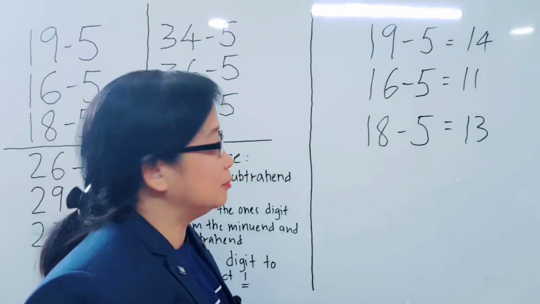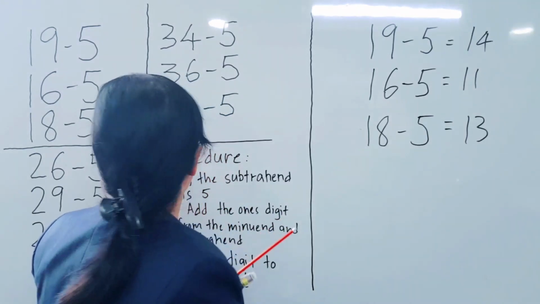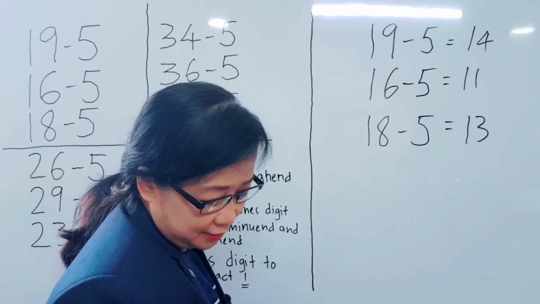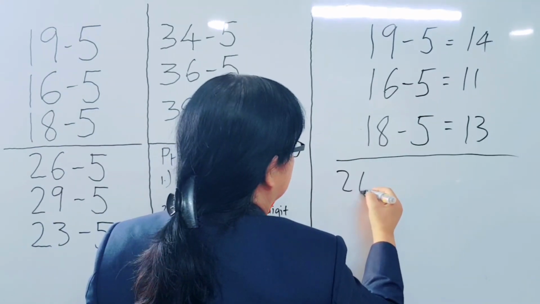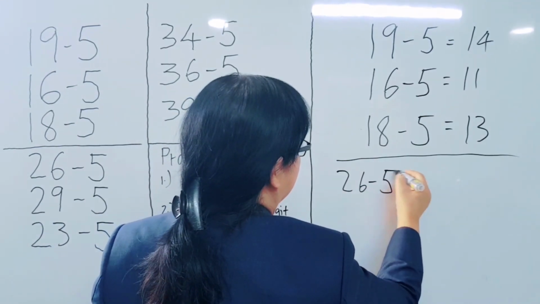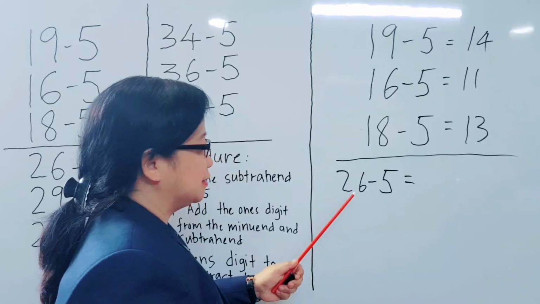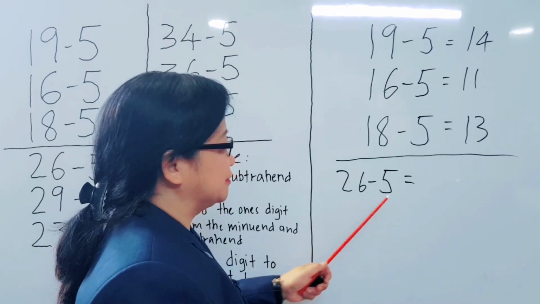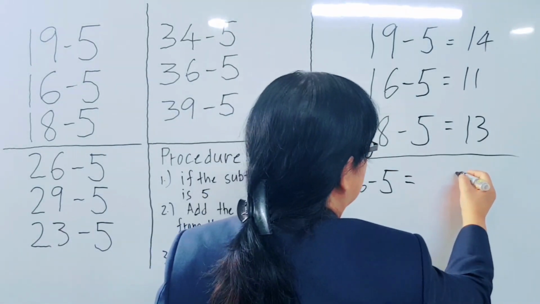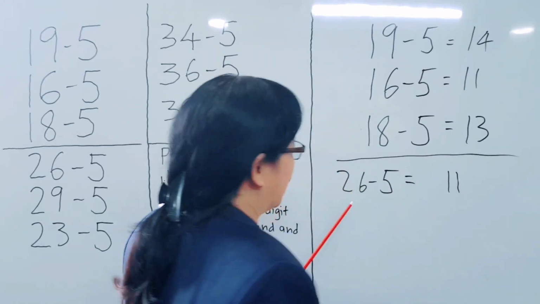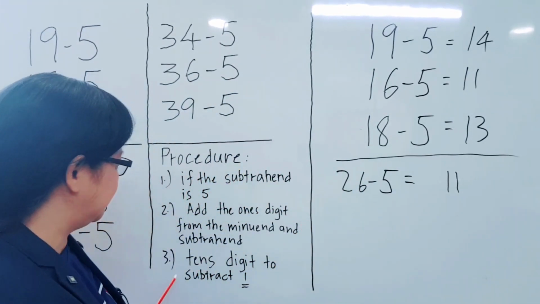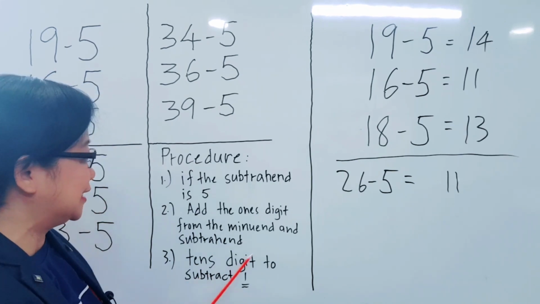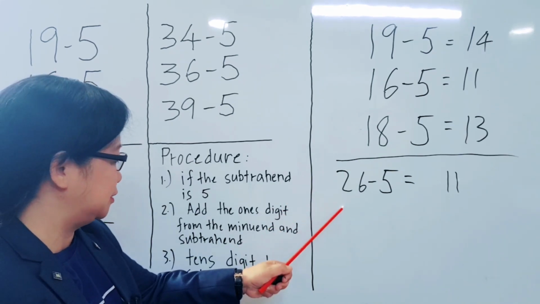Now, we will proceed to the second part. We have the first example, 26 minus 5. Of course, same, 6 plus 5 is equal to 11. And this one, as I said on the third condition, the procedure is to subtract 1 from the tens digit of the minuend.